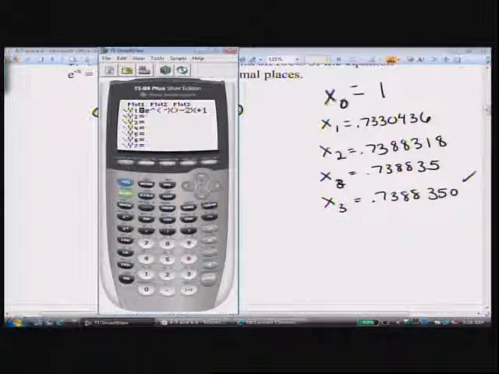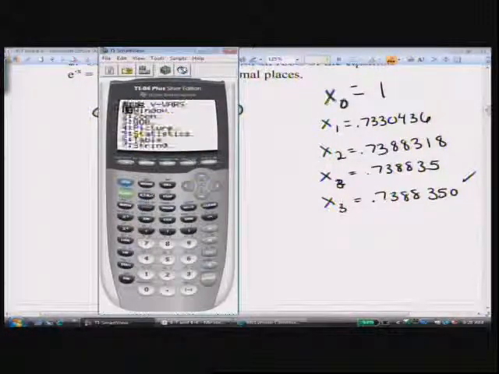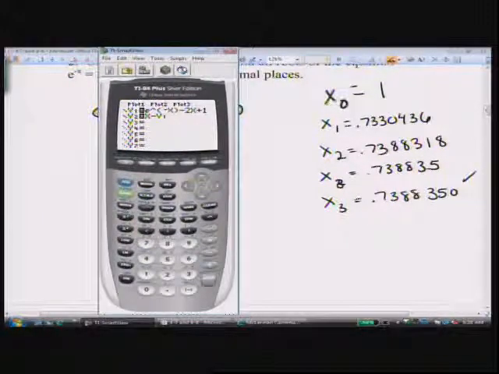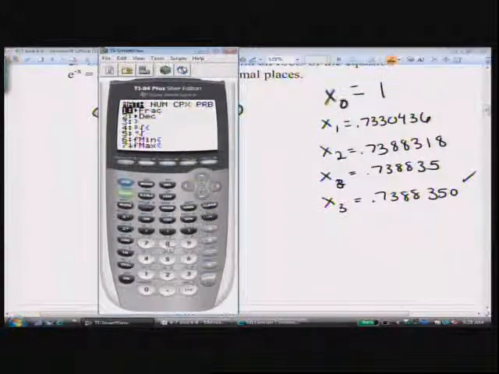Okay, so you do x minus y1, which you grab by doing vars, and then Y-vars, and then function, and then y1, and then divided by, and the derivative lives under the math function, so you do math, and then it's choice 8.